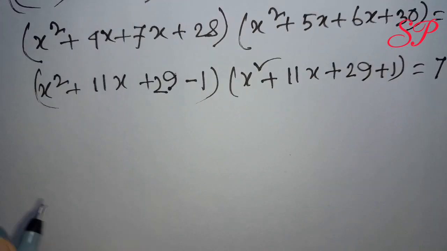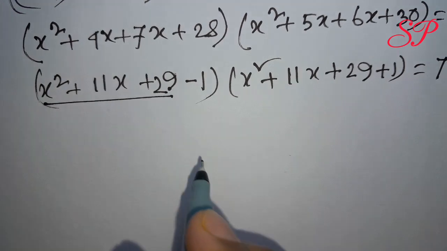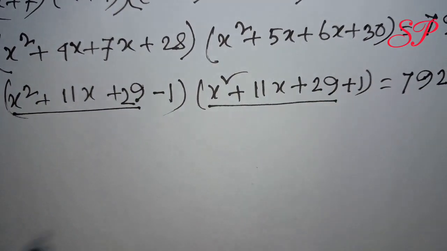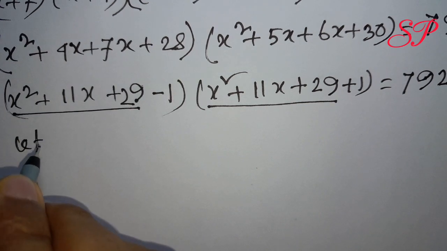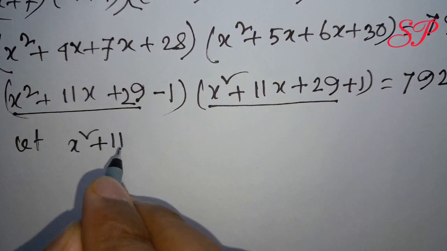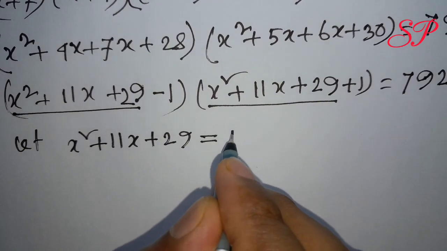Here is x square plus 11x plus 29 minus 1, and here is x square plus 11x plus 29 plus 1, equal to 7920. Here x square plus 11x plus 29 is common, so let x square plus 11x plus 29 be equal to m.